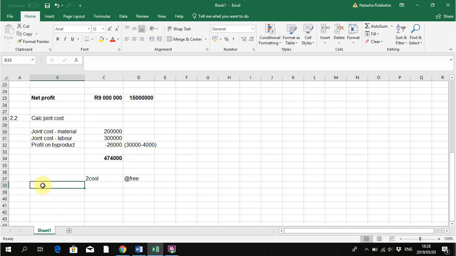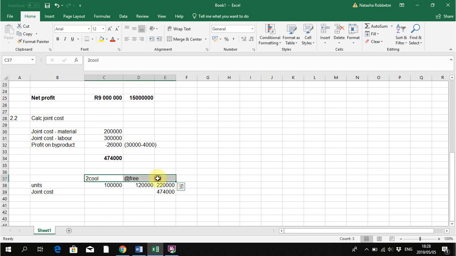There we go. Right, so the units, 100,000, 120,000. Total units, 220,000. So if I look at the joint cost, I've just calculated my joint cost, and the total joint cost is the 474,000.